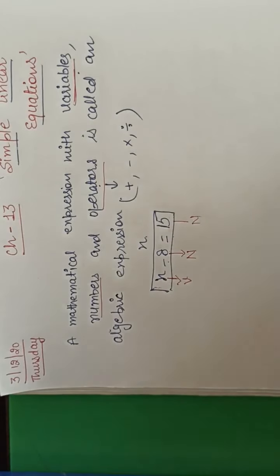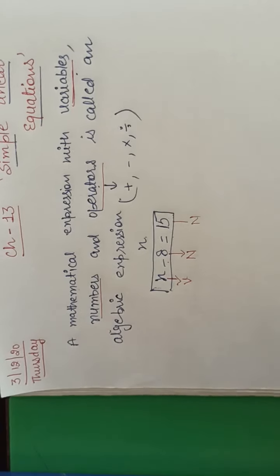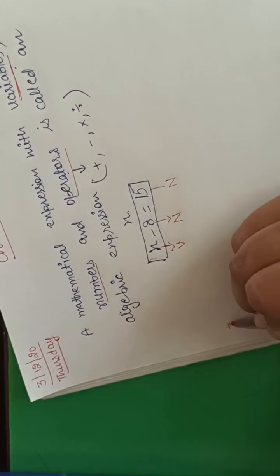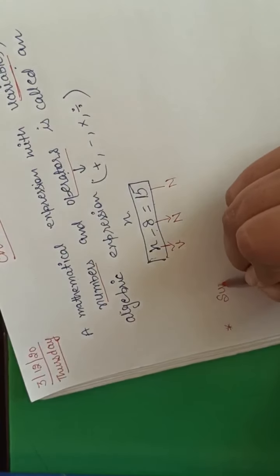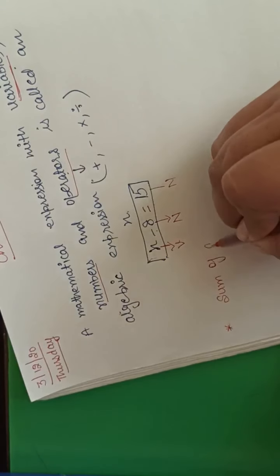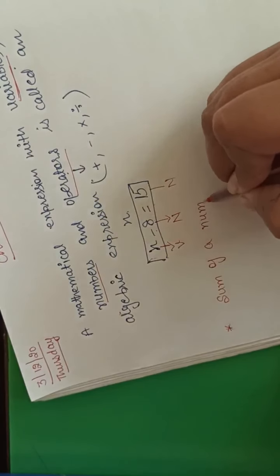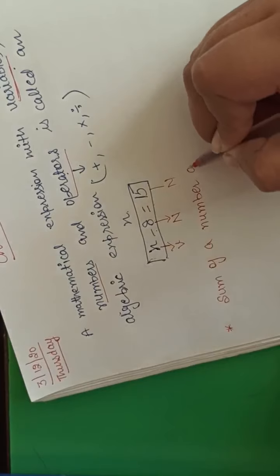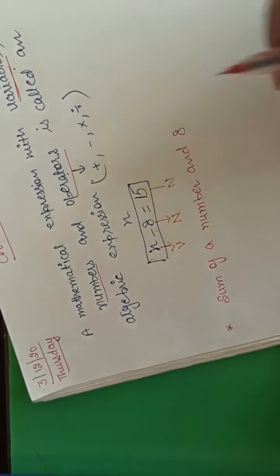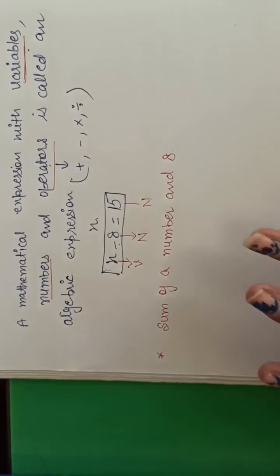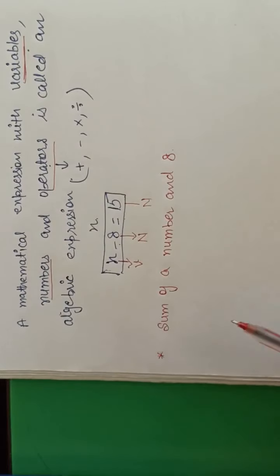Now second is how to make these equations, how to form an algebraic expression. So first step is, firstly you have to consider the given statement like this. The statement is sum of a number and 8. You have to make the expression, or you can say linear equation, for this statement.